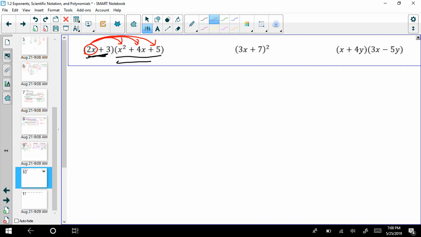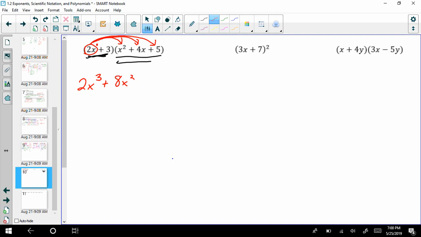So 2x times x squared would be 2, and then remember I add the exponents. So x to the first and x squared would be x cubed. Then 2x times the 4x. So 8x squared, because I add the exponents, and then 2x times 5, 10x.